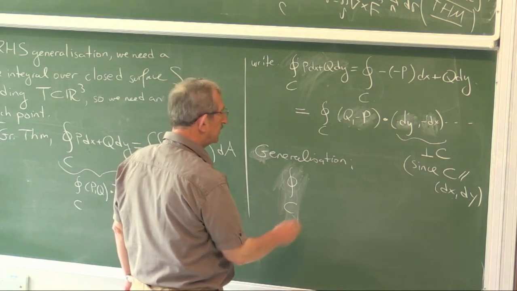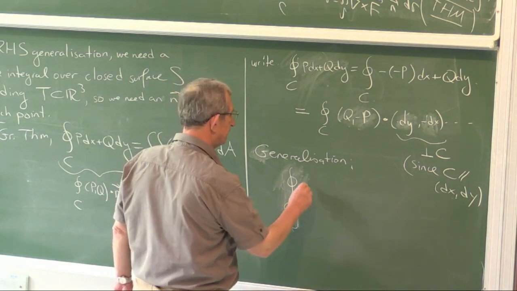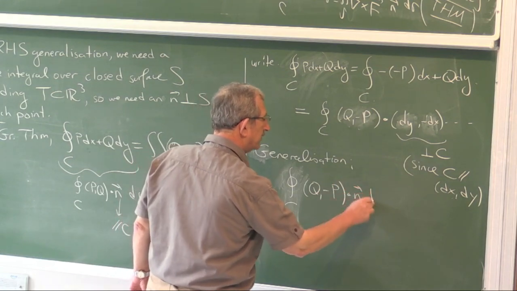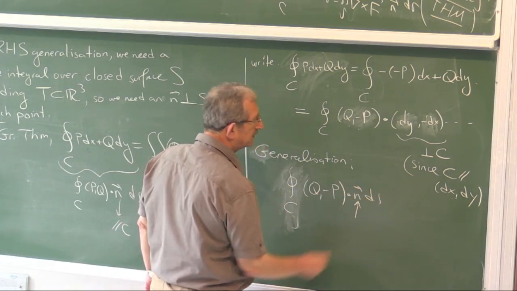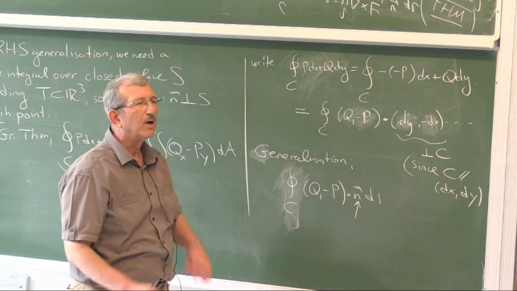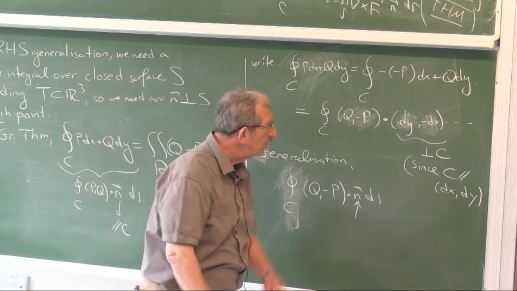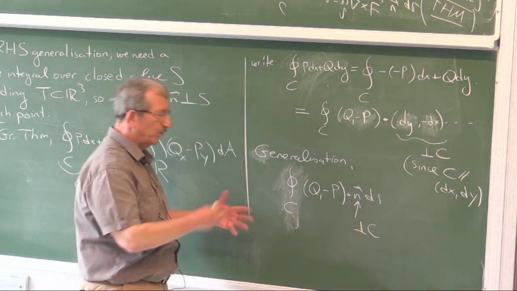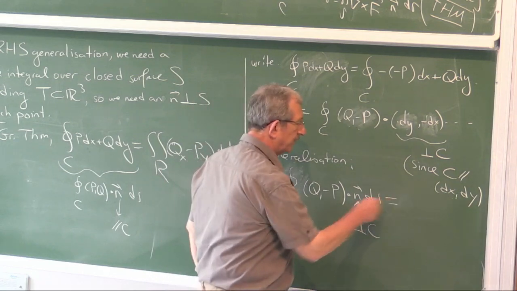Yes, this is now Q minus P dot N ds. But ds is the same, because changing the places of the x dy does not change their magnitude. So this is now perpendicular to C, so we put it in that formulation.